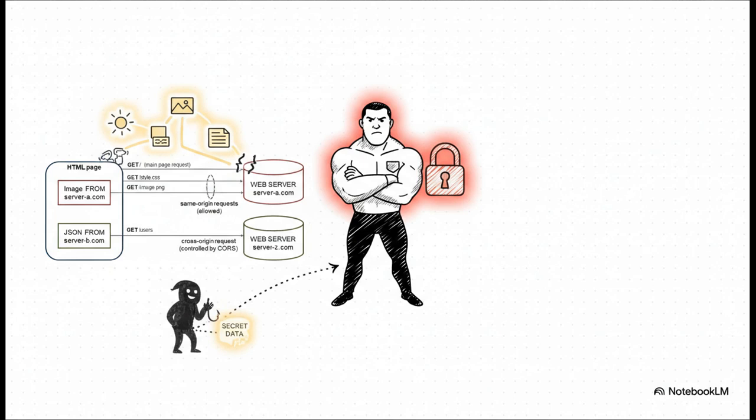See, the browser is totally cool with a web page loading stuff from its own server. Images, fonts, that's a same origin request. It's on the list. But the second that page tries to reach out and grab data from a different server, that bouncer, CORS, steps in and says, whoa, hold on, let me check my list. So a big part of what makes these XSS attacks work is finding a website where that bouncer isn't configured right, where the door is basically left wide open, letting them sneak that stolen data right out.